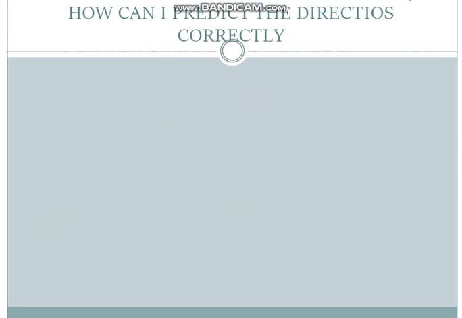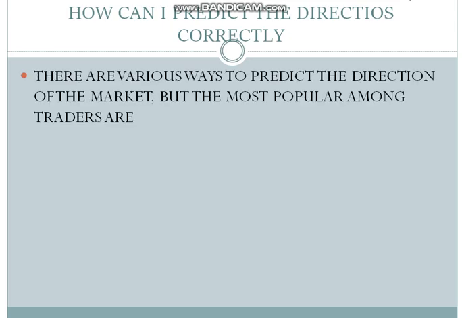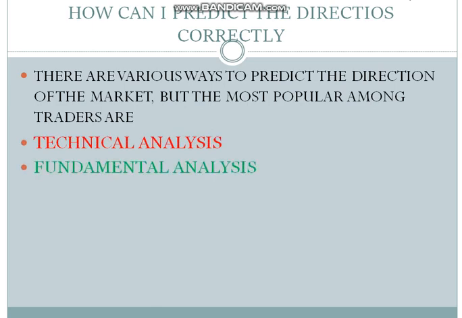How can I predict the direction correctly? There are various ways to predict the direction of the markets, but the most popular among traders are technical analysis, the fundamental analysis, and of course the sentimental analysis.